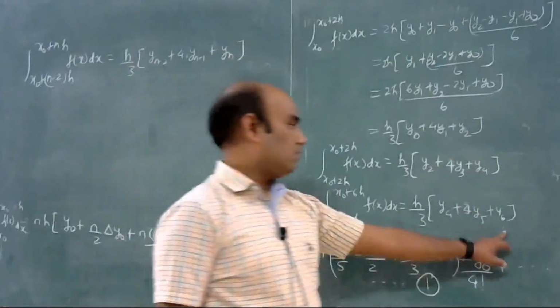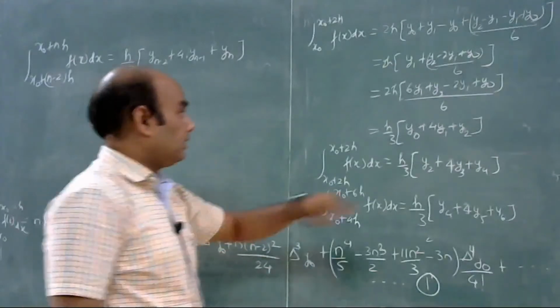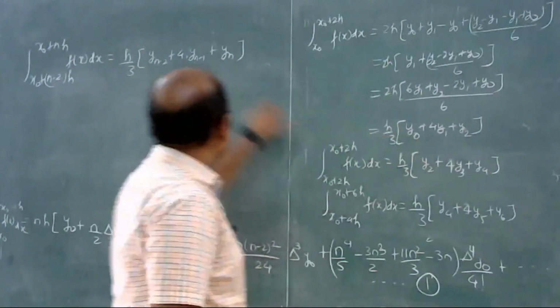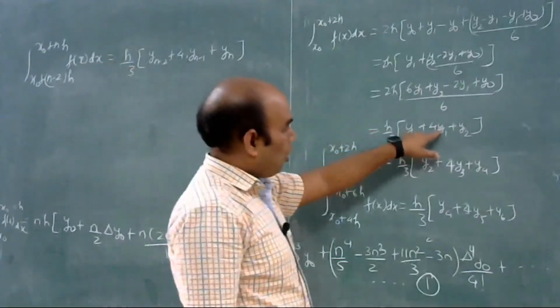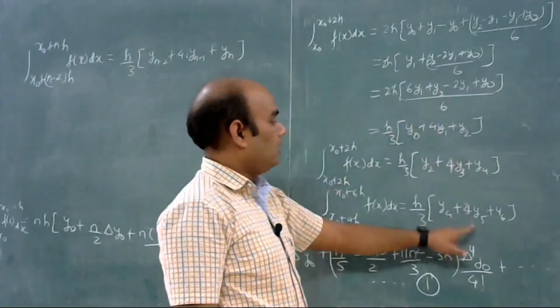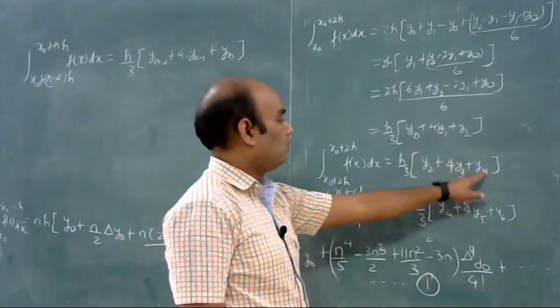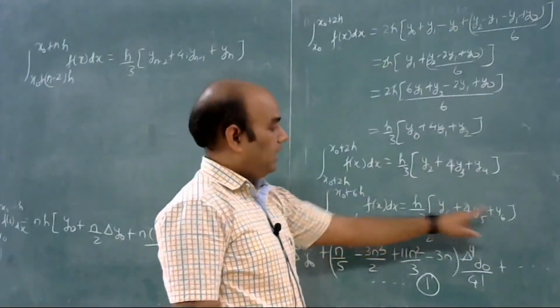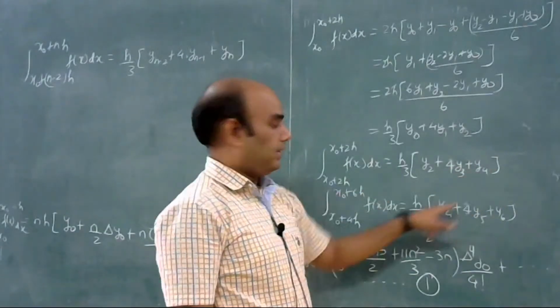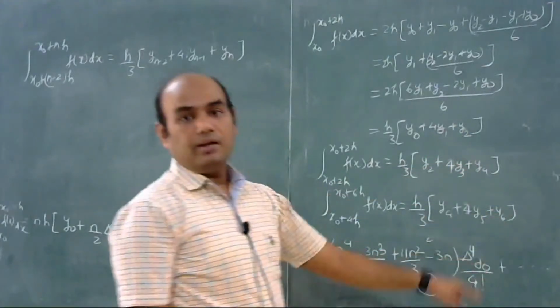So what we can see here is y0 and y of n. All the odd terms y1, y3, y5 are multiplied by 4, and the even terms y2, y4, y6 are multiplied by 2. So 2y2 plus 2y4 plus 2y6 and so on.